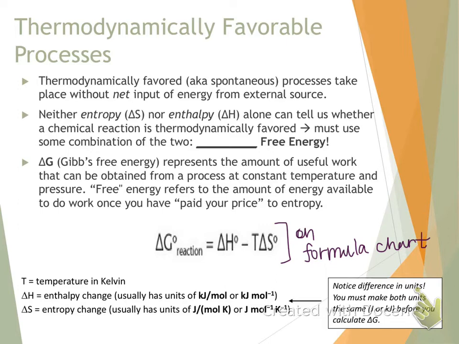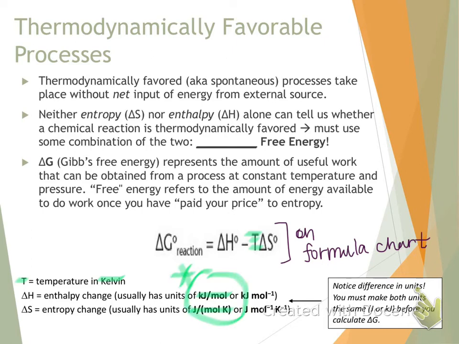Delta H is the enthalpy change. Generally, enthalpy change is measured in kilojoules per mole. And then we have minus T. T is our temperature in Kelvin, so do make sure that's in Kelvin. And then delta S is that entropy change you saw in your last video lesson. That usually has units of joules per mole Kelvin.